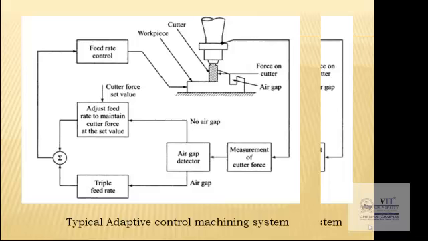Last class we discussed adaptive control machining systems. What does adaptive control mean? Everything given by the program should be checked by means of feedback devices, sensors, or other means.